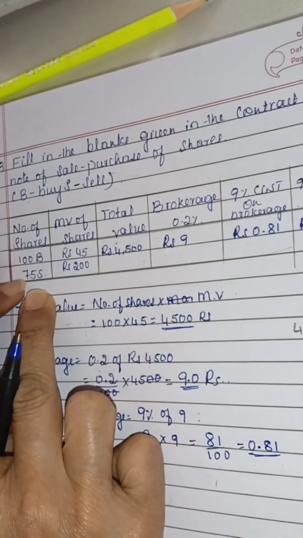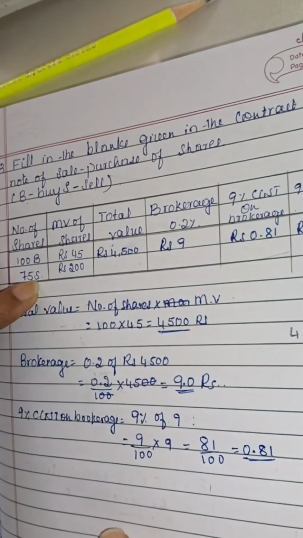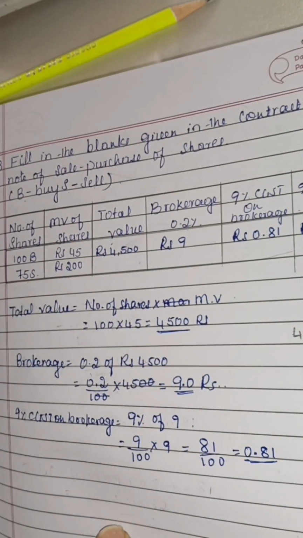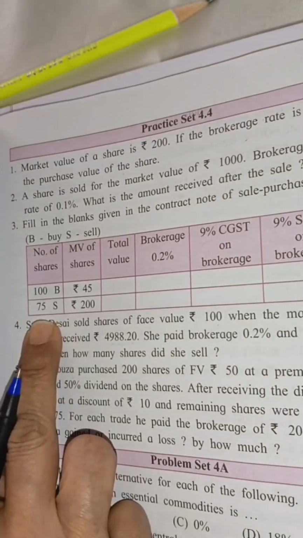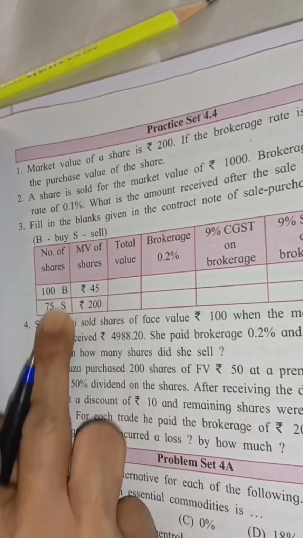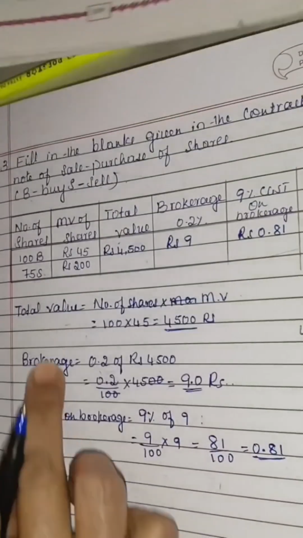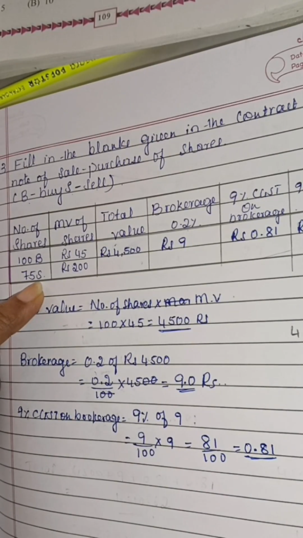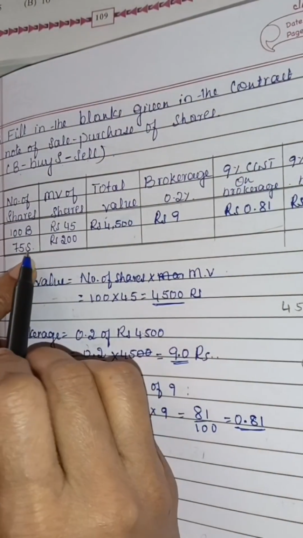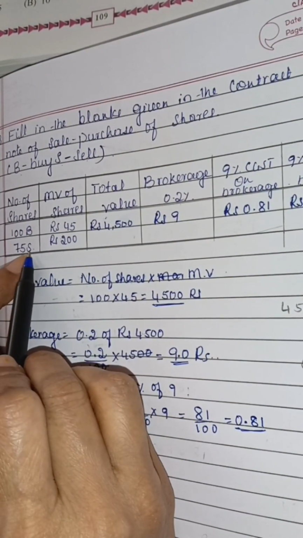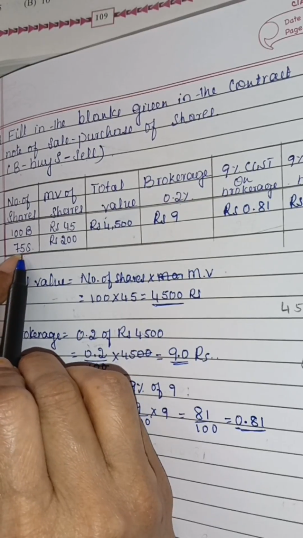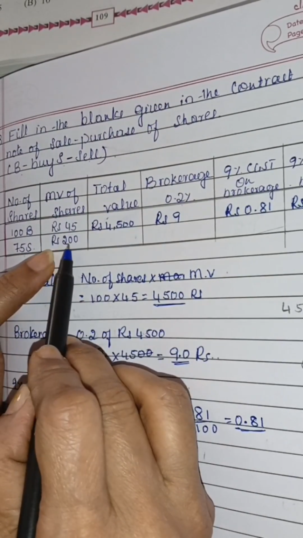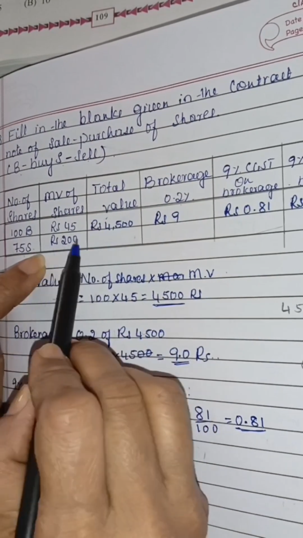See, here the number of shares is 75. B means buying, S means selling. So here it is selling 75 shares, and market value is rupees 200. So what is the total value? We have to multiply.